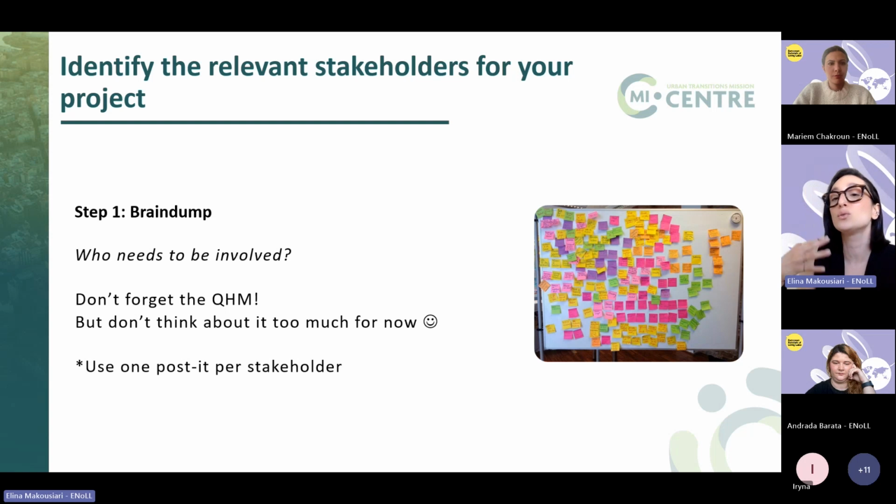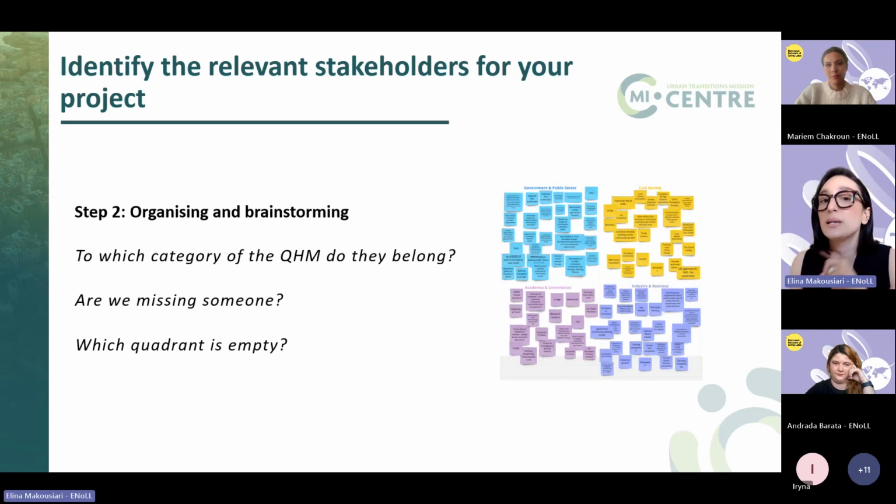But try to map out, thinking also of your own context or previous experiences in such projects, what types of stakeholders would be relevant. Write them in the posts that are already available in the Miro, and then try to place them into the quadruple helix model.